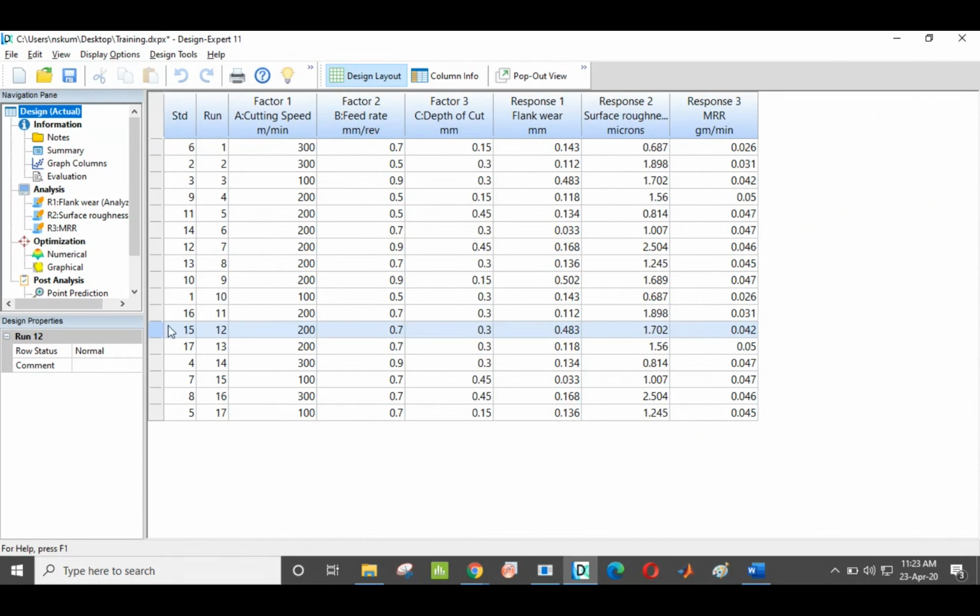So there is a problem with this experiment. So I have to rerun that experiment because there may be some human error or some vibration exists at that particular point. So a wrong reading may be included in our analysis.